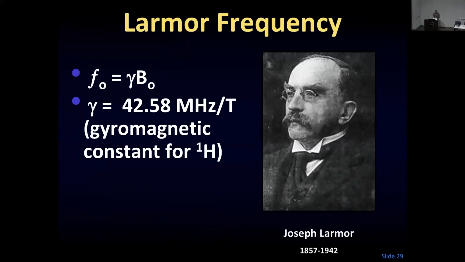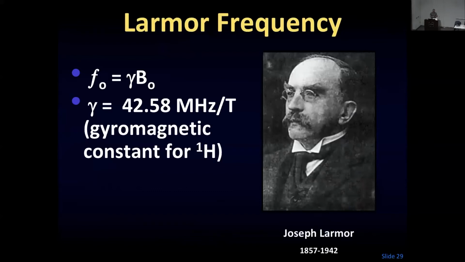So if you're imaging at 1 Tesla, what's the precession frequency? 42.58 megahertz. What about 1.5 Tesla? Well, you simply have to multiply 1.5 by 42.58, and whatever that is, it's something like 63 something. That's the precession frequency at 1.5 T.